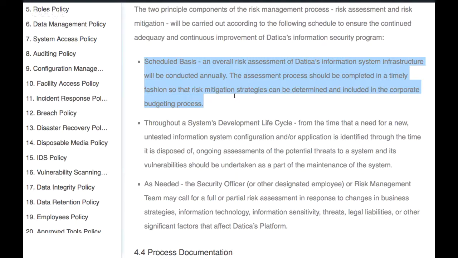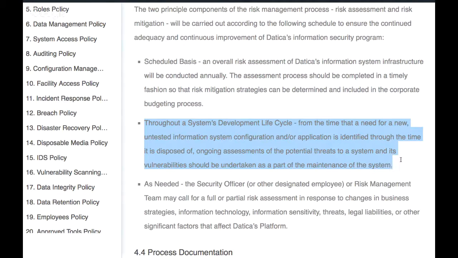Throughout a system's development life cycle, from the time that a need for a new untested information system configuration and/or application is identified, through the time it is disposed of, ongoing assessments of the potential threats to a system and its vulnerabilities should be undertaken as a part of maintenance of the system.